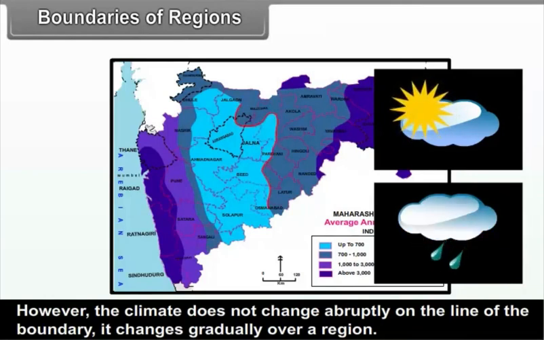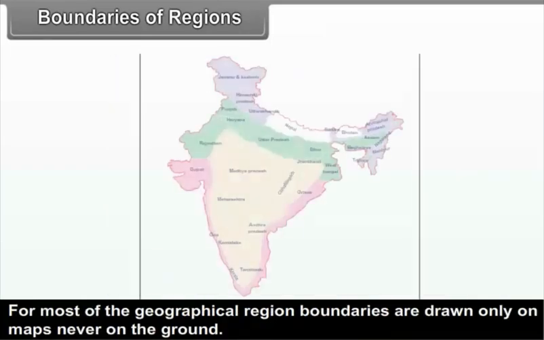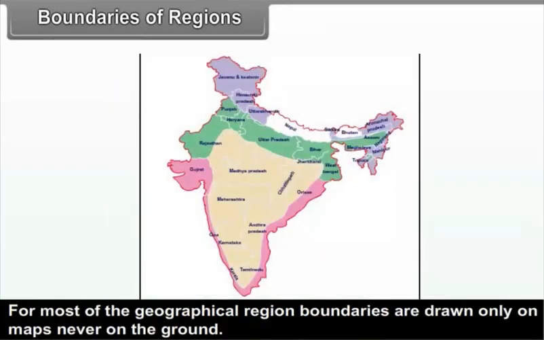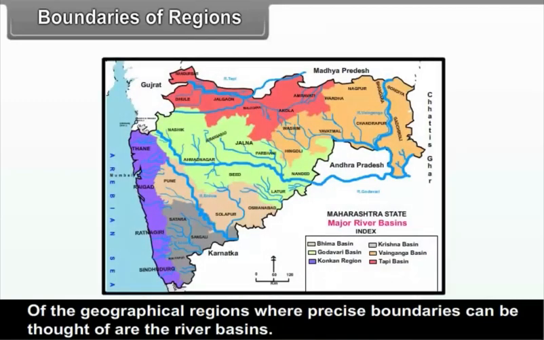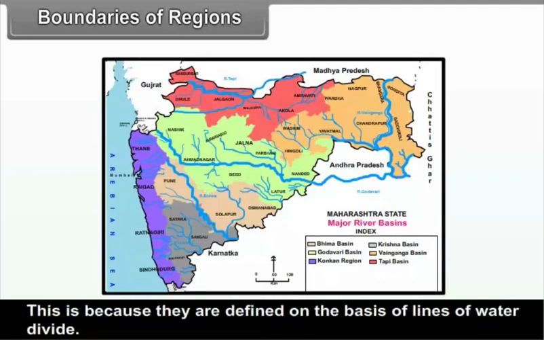It changes gradually over a region. For most of the geographical regions, boundaries are drawn only on maps, never on the ground. Among the geographical regions where precise boundaries can be thought of are the river basins. This is because they are defined on the basis of lines of water divide.